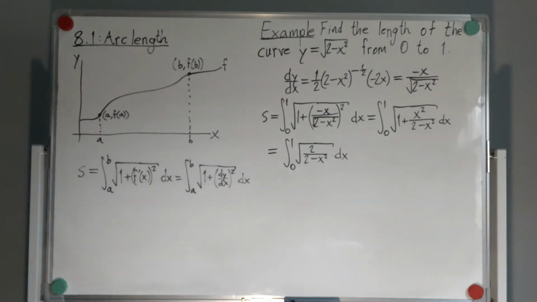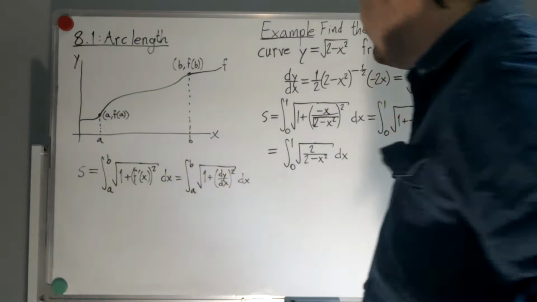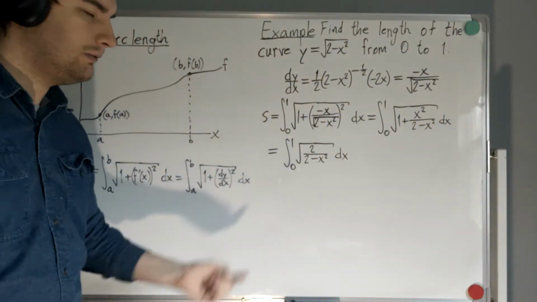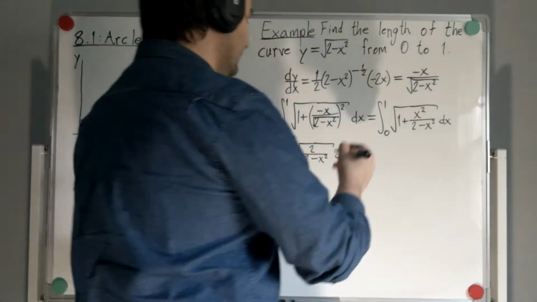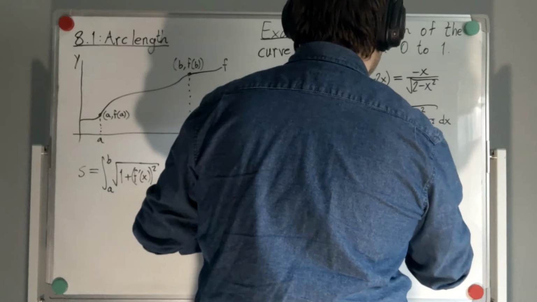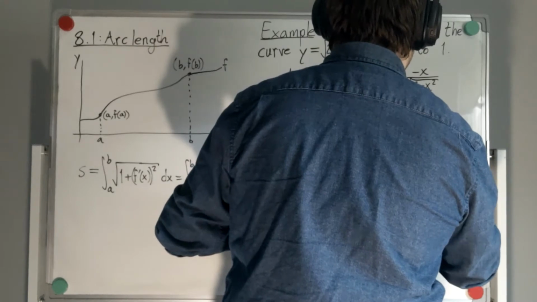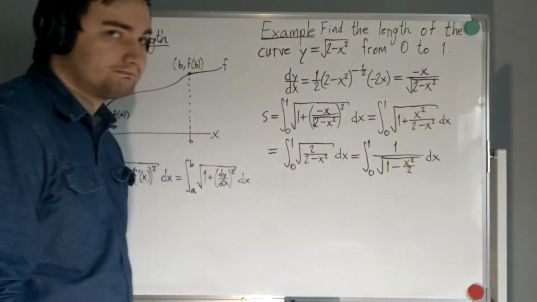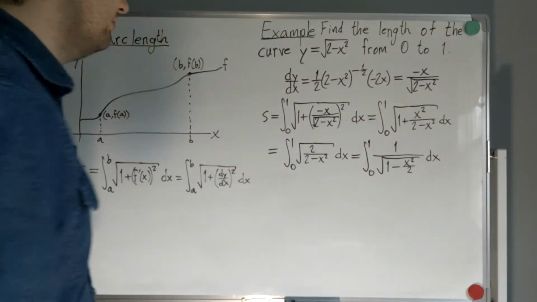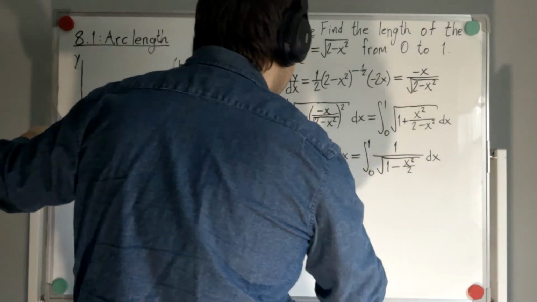Okay. And so now we just need to figure out what this integral is. Easiest way to do that is to understand that this looks an awful lot like the derivative of the arcsine, because this can be rewritten as the integral from 0 to 1 of 1 over the square root of 1 minus x squared over 2 dx. x squared over 2 can be understood as x over root 2 squared.